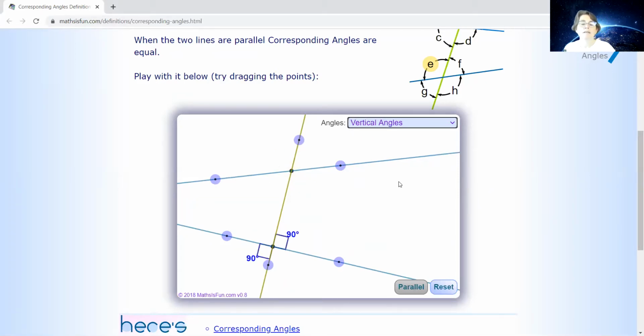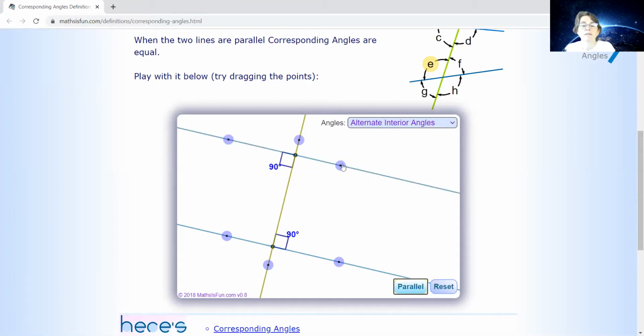And you'll notice with vertical angles, the numbers are the same all the time, because that's the rule. Vertical angles are always equal. But if we pick any of the other sets, you can see they're not the same, unless we click on parallel.